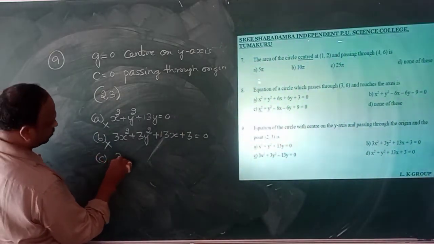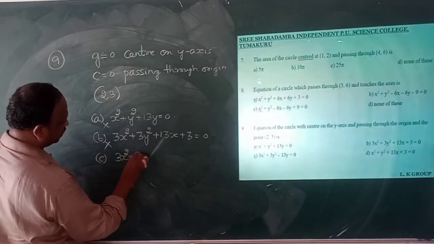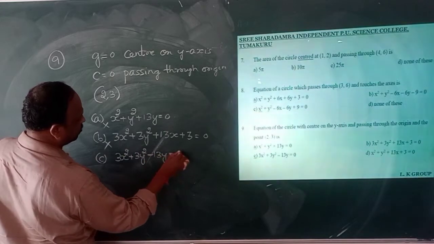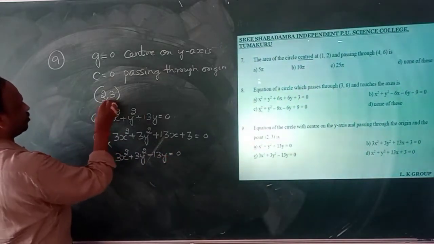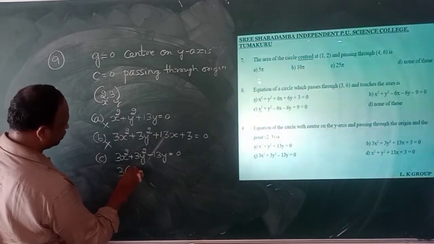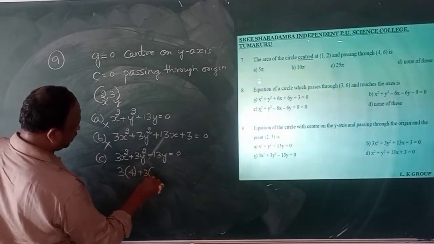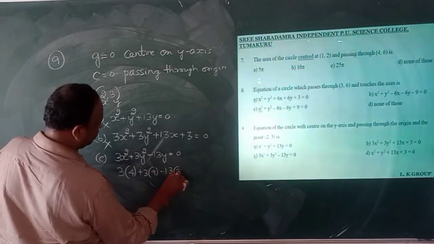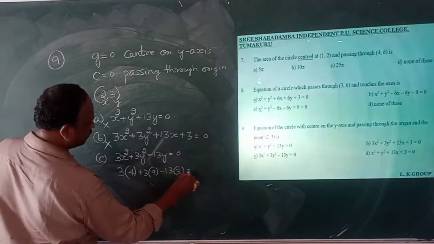Option C, 3x square plus 3y square minus 13y is equal to 0. Check it. X is equal to 2, y is equal to 3. 3 into 4 plus 3 into 9 minus 13 into 3. So this will be equal to 0.